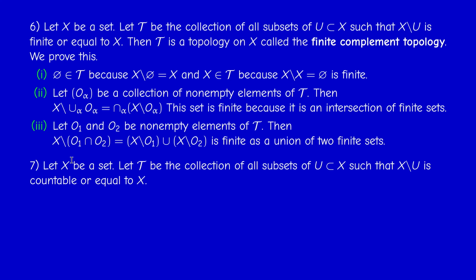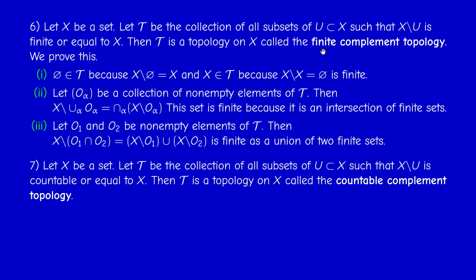Seventh example, the countable complement topology. Same thing, just replace finite by countable, which is more general. So once again, you can prove according to these lines. Of course, as we said, you have to rule out the extreme cases where one of them is empty, so you remove the empty sets. Okay, so you can always assume that the elements are not empty.